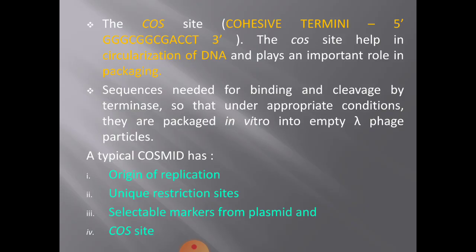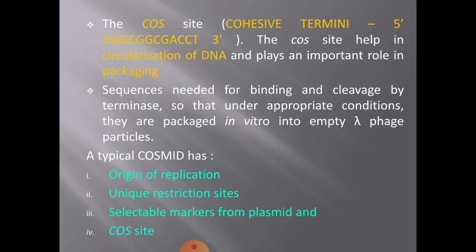Then, the second thing: sequences needed for binding and cleavage by terminase, so that under appropriate conditions they are packed in vitro into empty phage particles. So, these are the two things that are needed from lambda phage DNA. Then the rest you can take from plasmids.